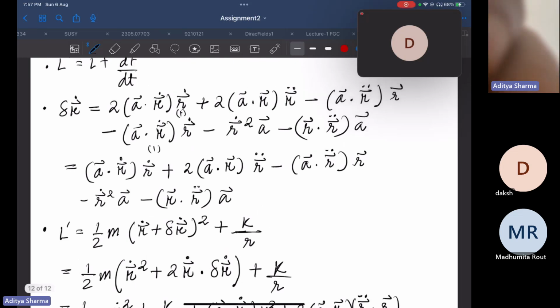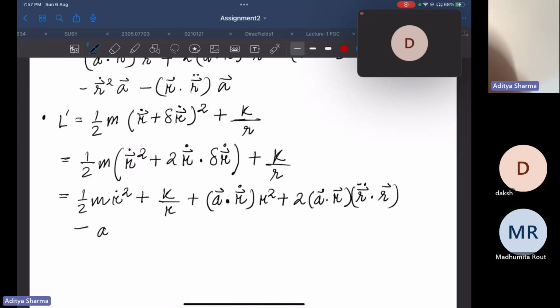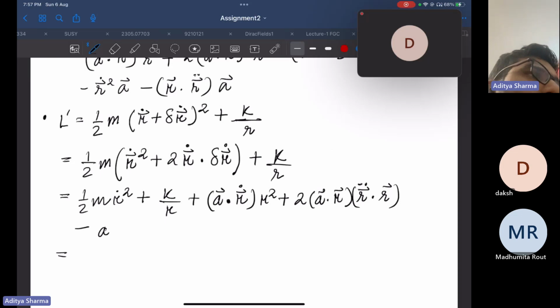You have to take the dot product of all the terms and you have to show that this looks like a term called d by dt. I'll write the answer for you.